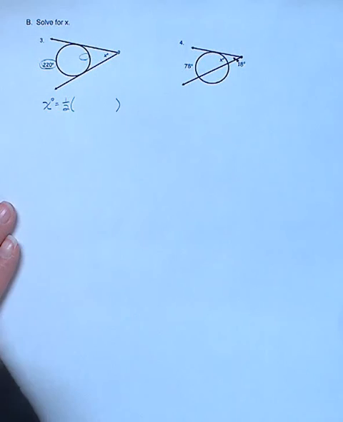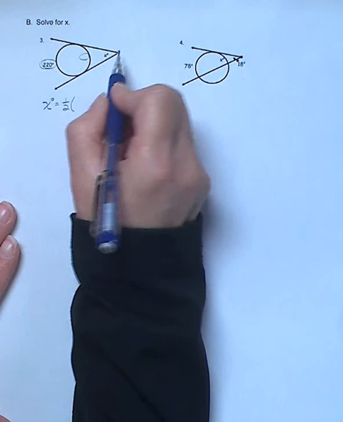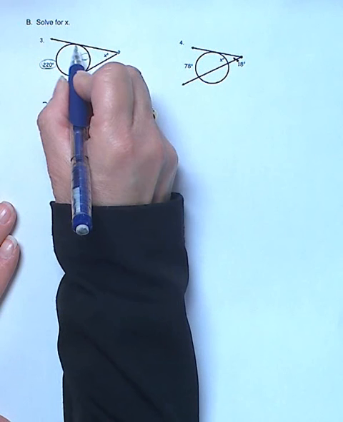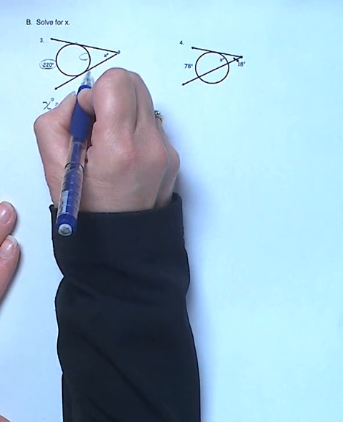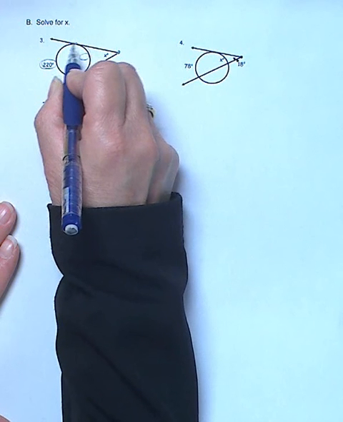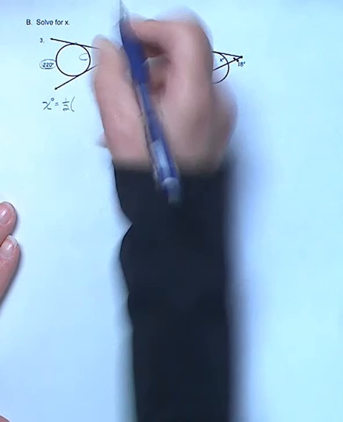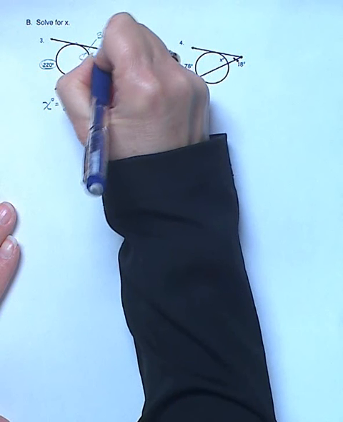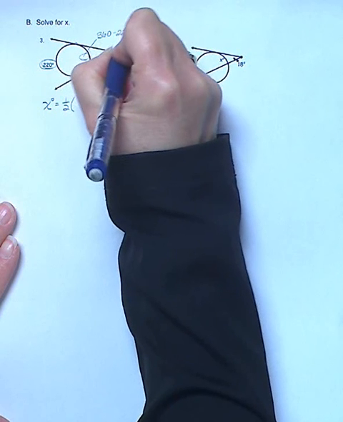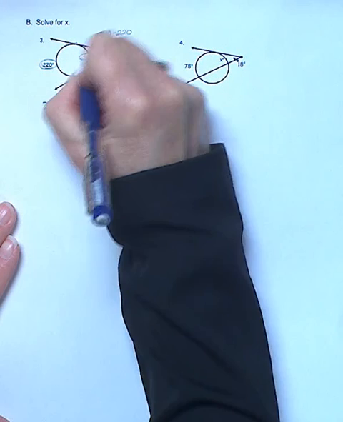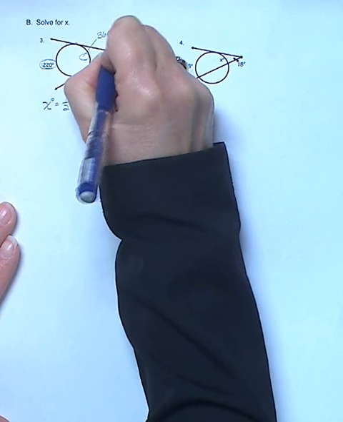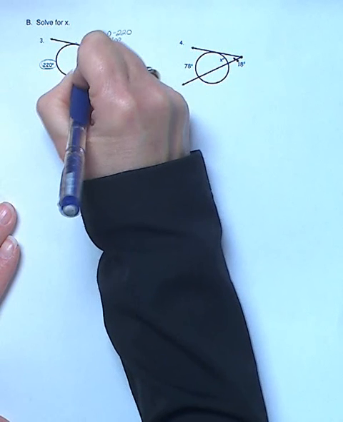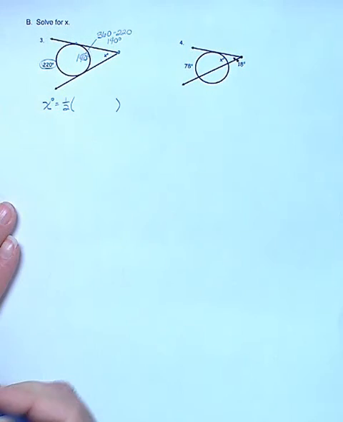But it's two tangents. So if we start here and go all the way around, it's 360. I only get 220 degrees of it. So this arc right here is whatever's left over from the 220. So this is going to be 140 degrees. That arc right there has a 140 degree measure.